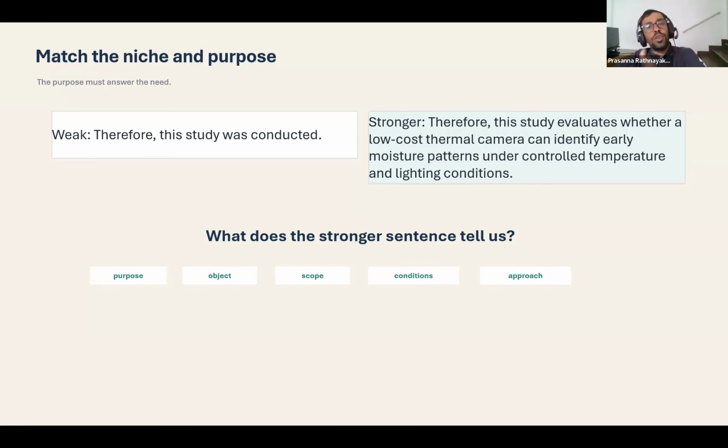And then in Occupy, what you're doing is quite simply telling how your research is going to address the niche, the gap you identified. That's it. Did I clear your doubt, Akila?